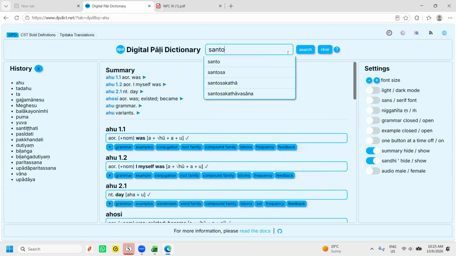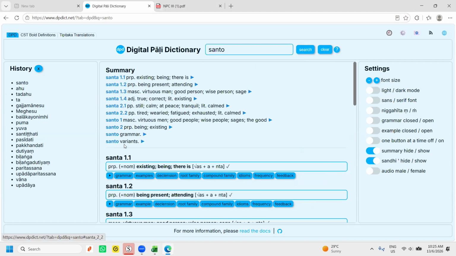Now, you see here, Santa can be a present participle, or it can be just a noun: a virtuous man, a good person or a wise man.